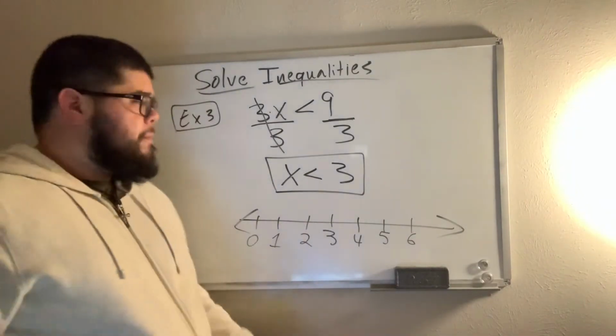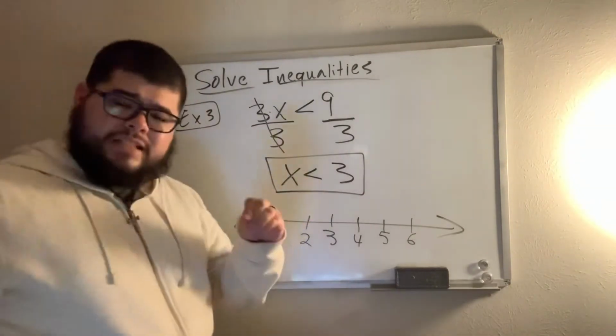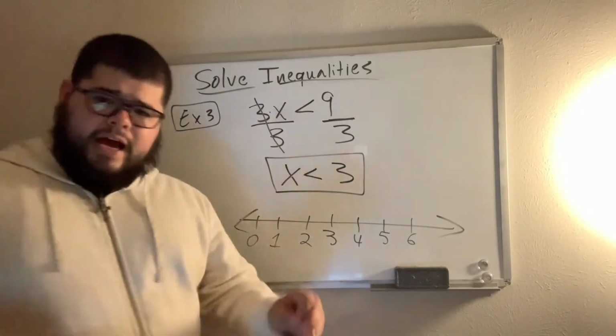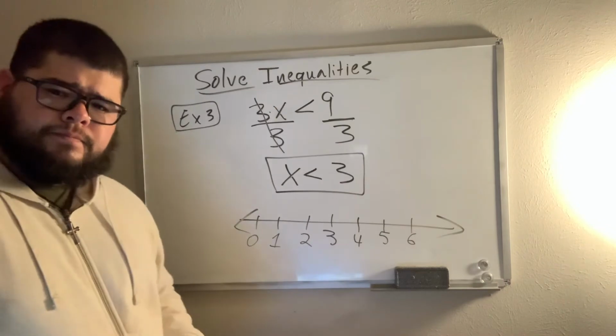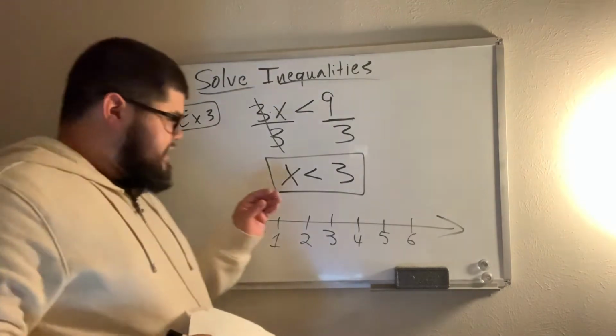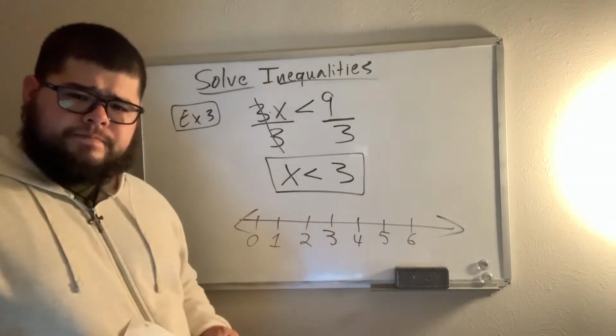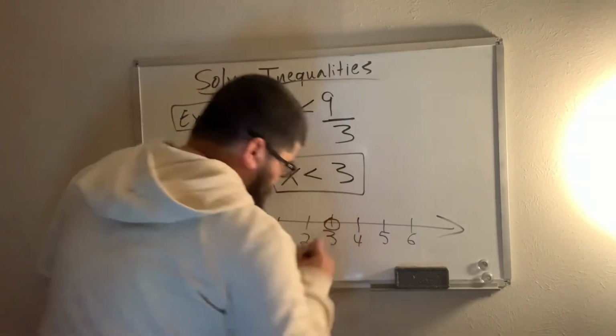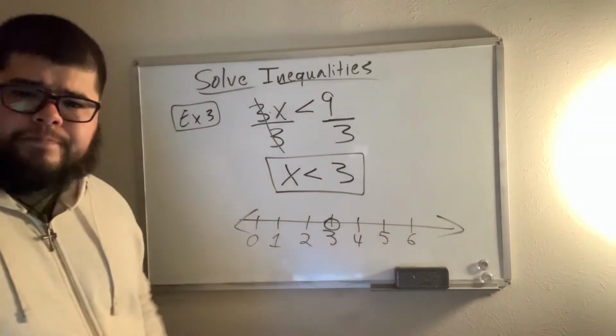Less than. Does less than tell us to do an open circle or closed? Look at your notes. Open, right? So we're going to have an open circle on the number 3.